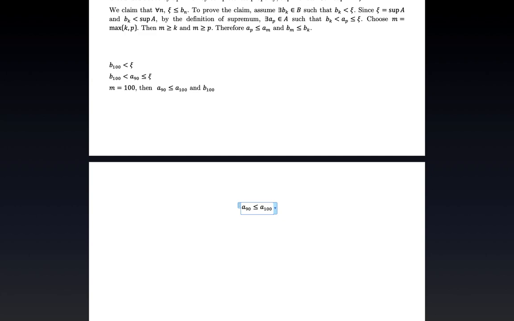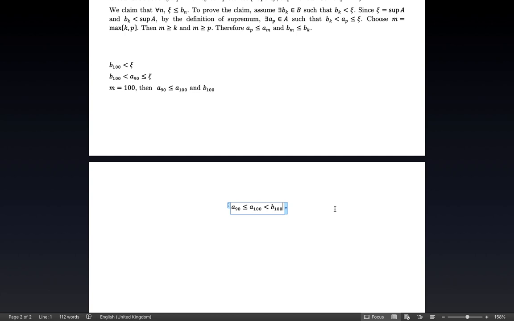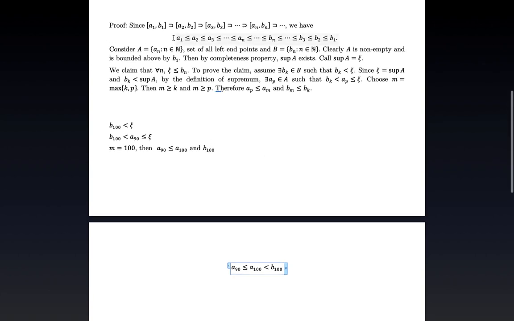This is obviously smaller than B100. This is obviously true because it comes from the hypothesis, the nested interval.